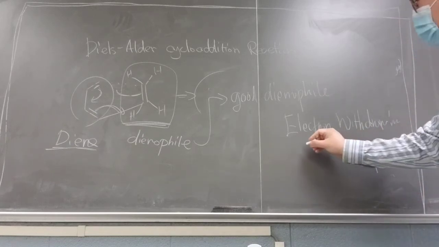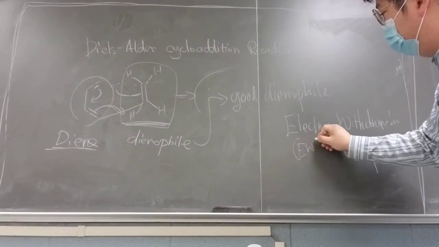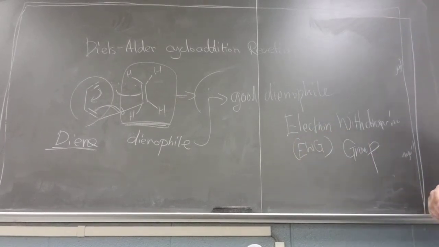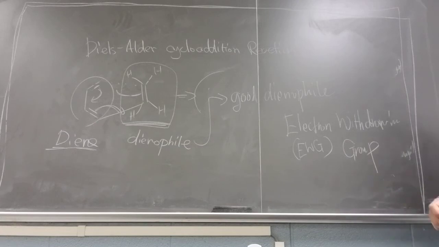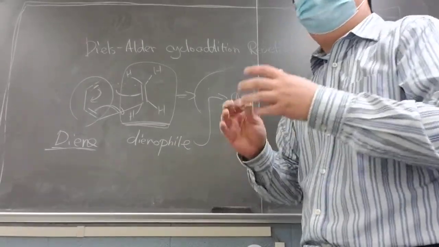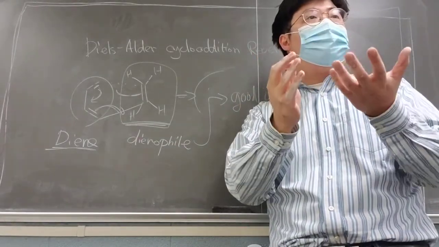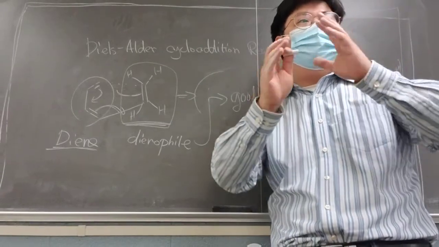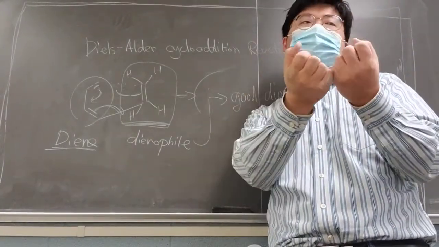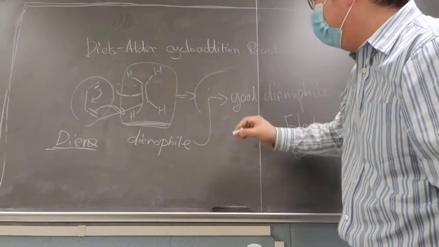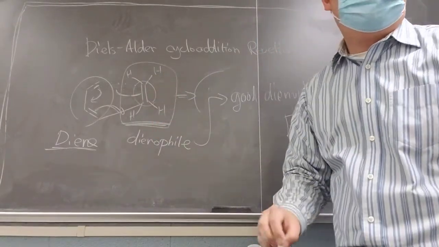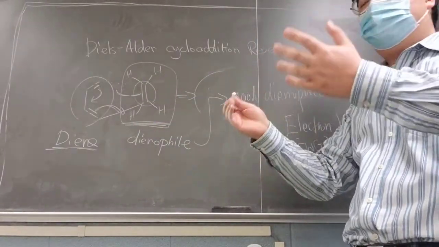We call this EWG as an acronym. Electron withdrawing groups, meaning if you have any carbonyl groups or ester groups or aldehyde groups, they can attract more electron density from the double bond. That makes an even better dienophile.